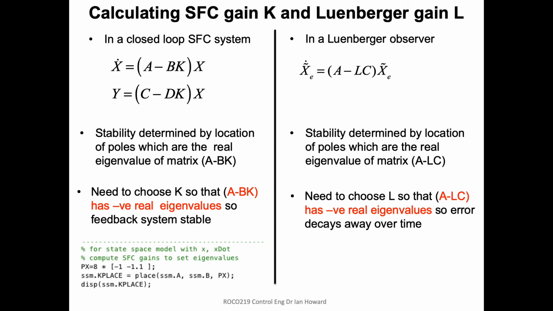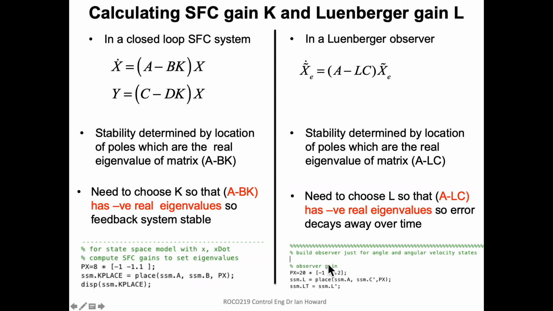So basically the system is stable, so the error will decay away over time. We don't want it to be building up. And you can use the place command to design this as well. Again, you just give it the poles that you want. This time we need to use the A and the C in order to get this to work.